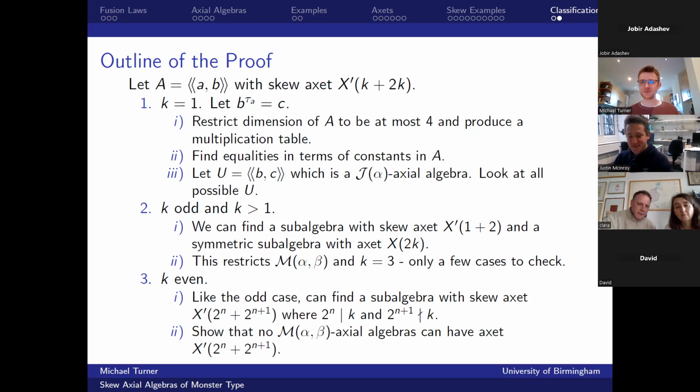Yeah, that's nice. And do you know any larger algebras, so not two-generated, any 3 or 4 generated algebras which contain these two-generated subalgebras? Yes.